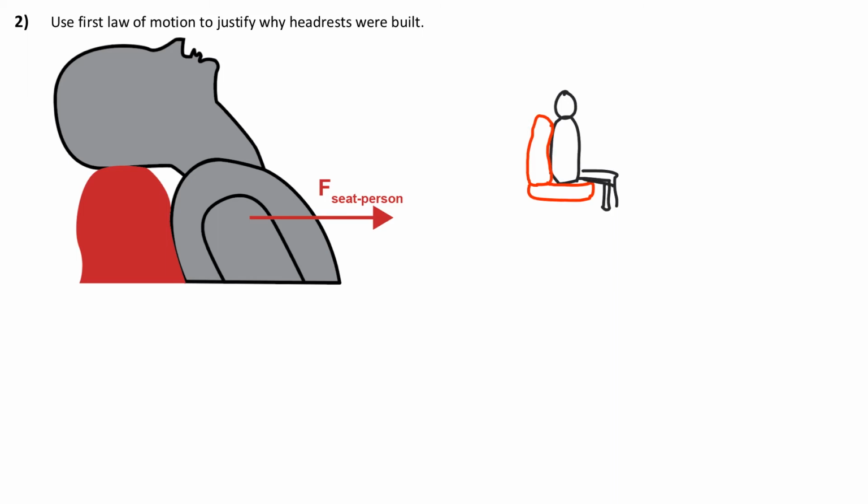Okay, so what ends up happening is as soon as the car starts to move, especially if it's moving at a very fast rate, then there's going to be a force acting on the back of your body. And that force is going to push your body in that direction.